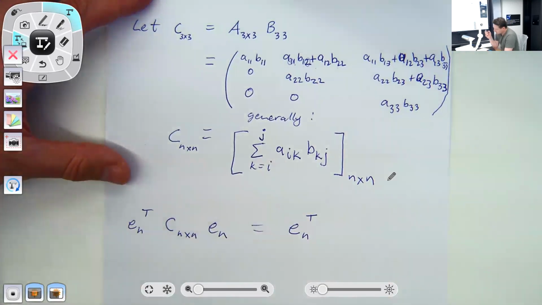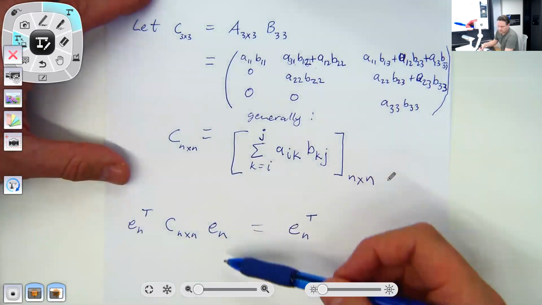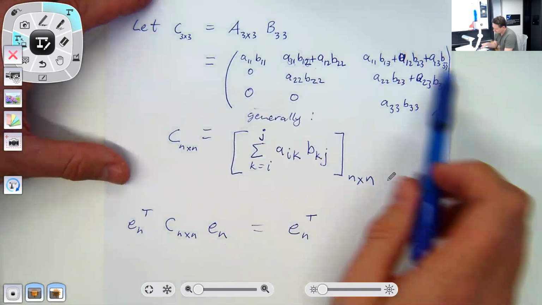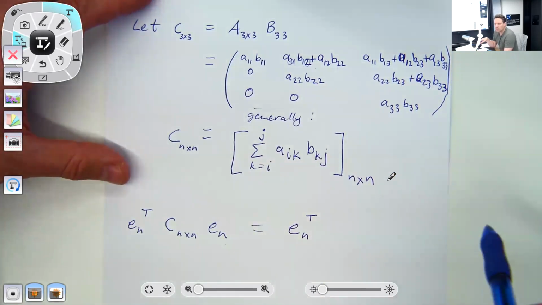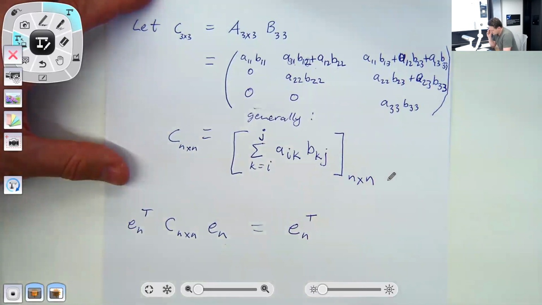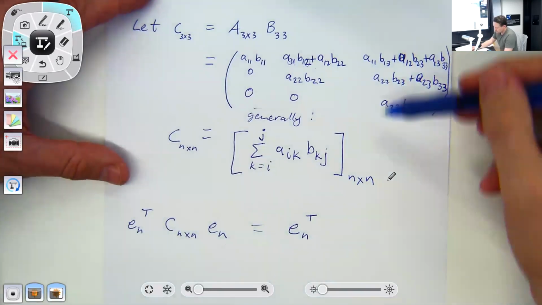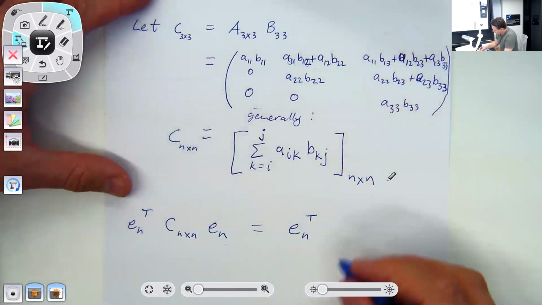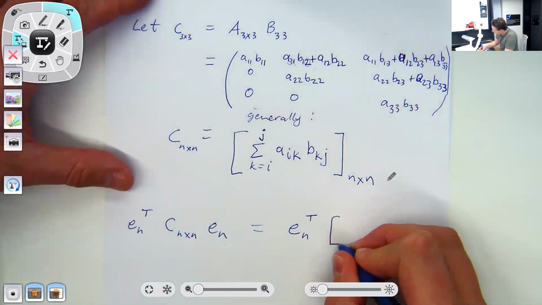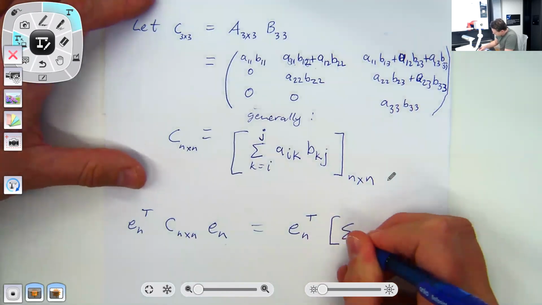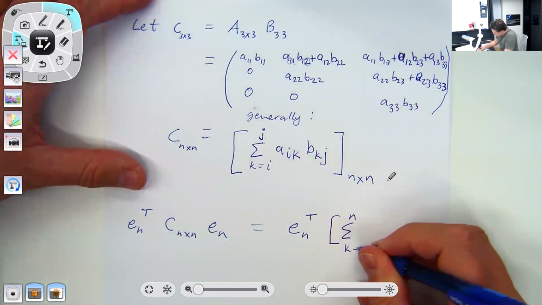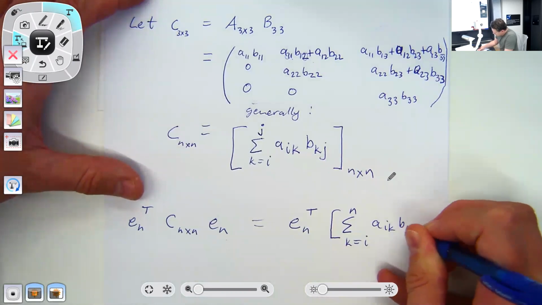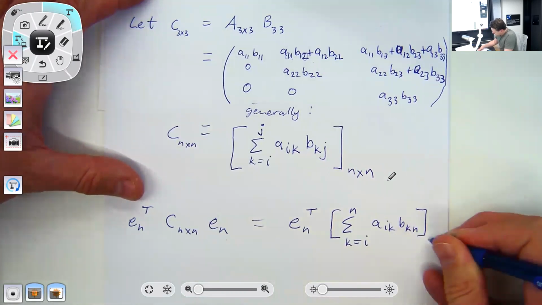Remember, this one has 0, 0, 0 all the way down to 1 at the end. So when you take the product of something like this times 0, 0, 1, what you end up with is just the last column. So this simplifies quite a lot. I have the sum up to n, k equals i, A_ik B_kn, and this is an n by 1.